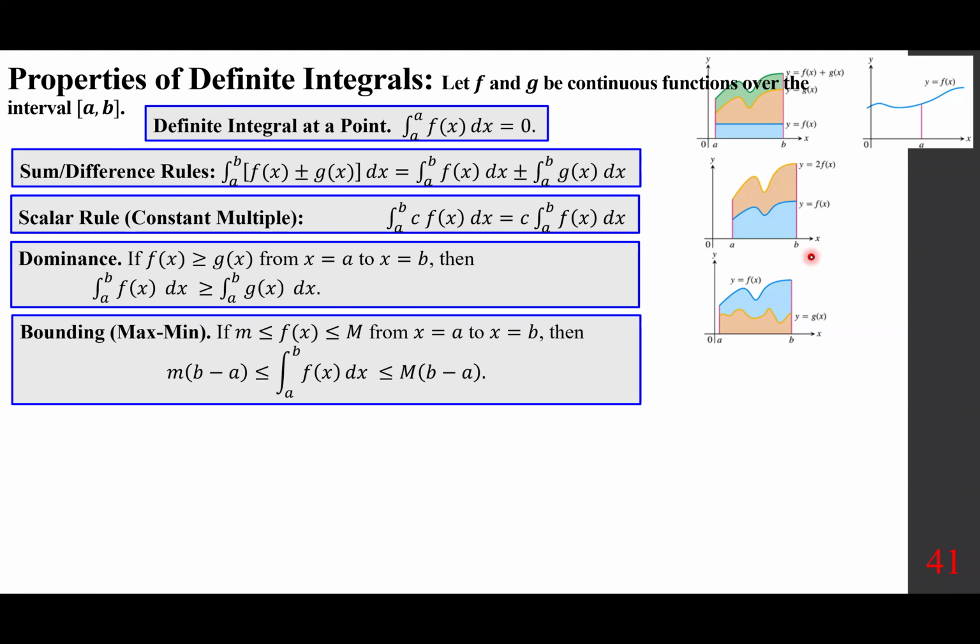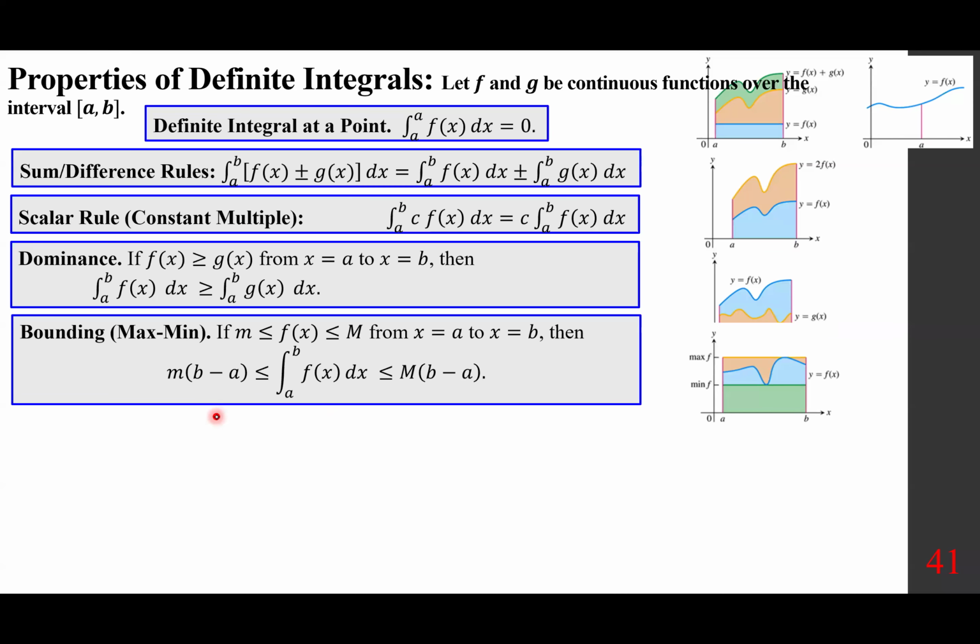Bounding, max minus min. If m is less than or equal to f of x less than or equal to M, normally we use lowercase m to represent the minimum for the function and capital M for the maximum. As we go from a to b, if we multiply all sides by b minus a, we get m times b minus a on the left and capital M times b minus a on the right, and the integral is in between.